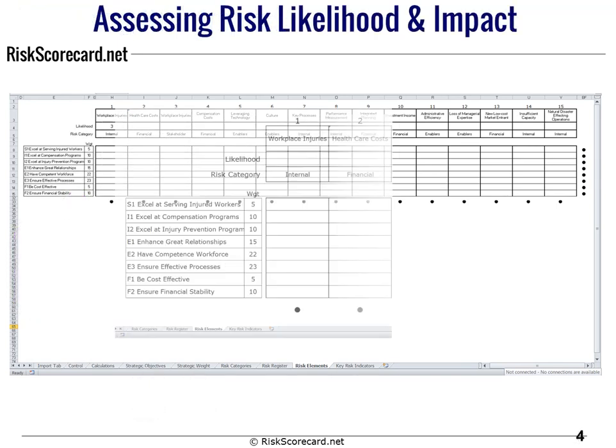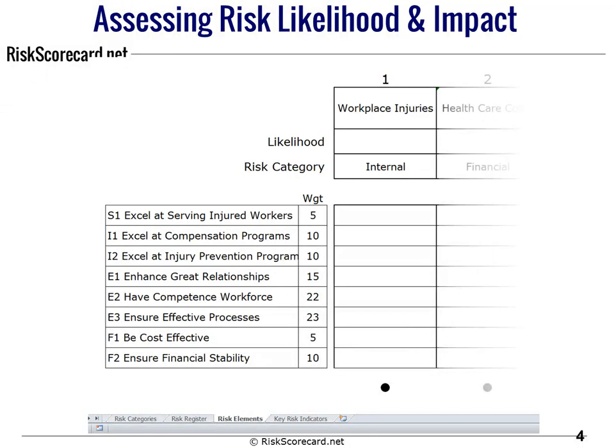Now, what we're going to be doing is taking a look at how the risks impact the strategy. And this is an important concept because obviously any risk element impacts your strategic objectives to a different level. So there's a relationship between the impact of each risk element, in this example, workplace injuries, and each strategic objective.